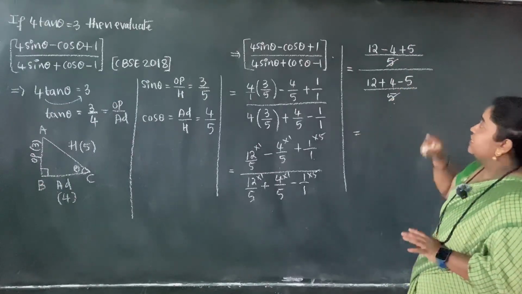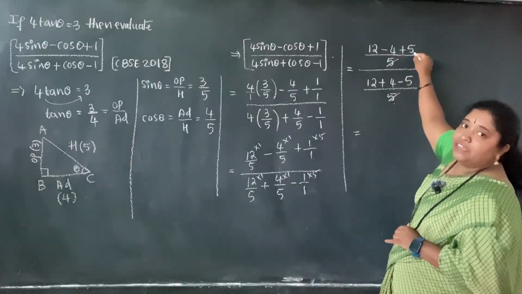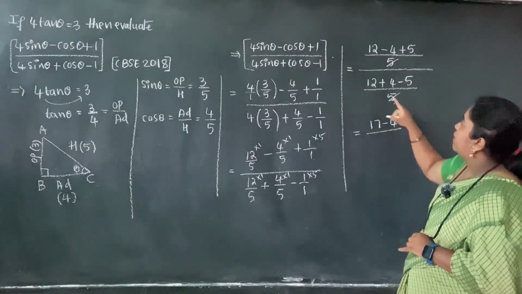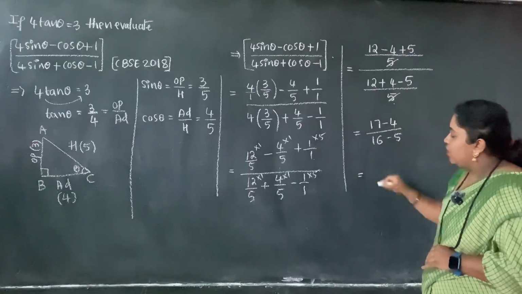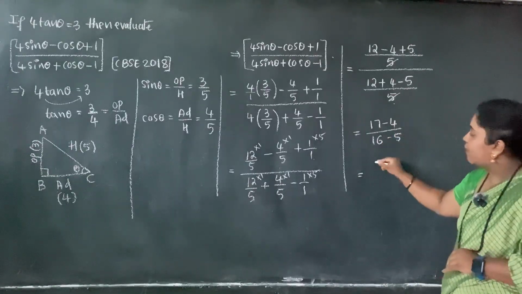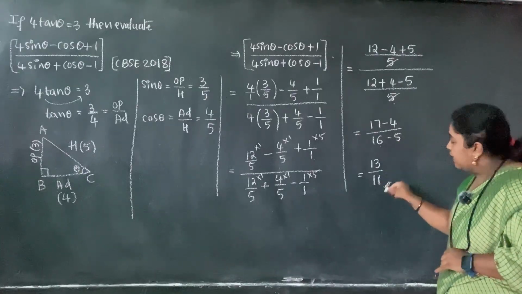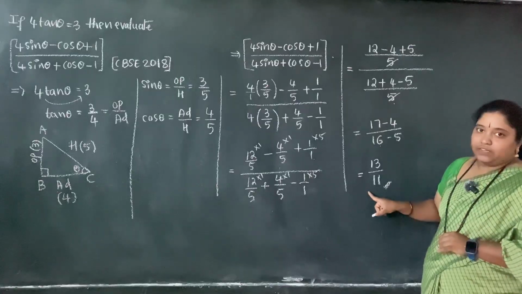What is left in the numerator? 12 plus 5, 17, minus 4, divided by 12 plus 4, 16, minus 5. At the end, 17 minus 4 is 13, 16 minus 5 is 11. So the final answer is 13 by 11. Understood?